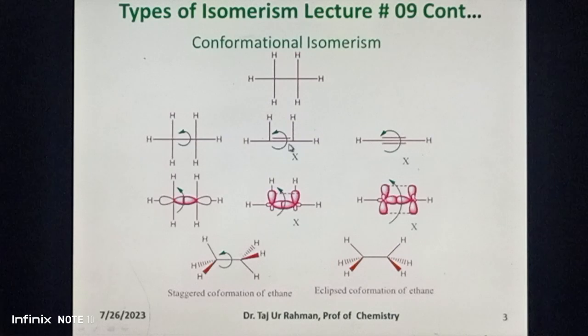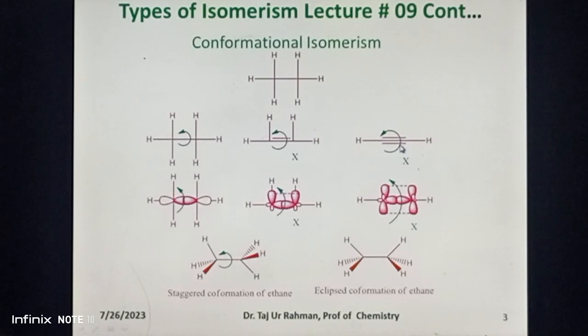Now look at these ethene and ethyne molecules with molecular formulas C2H4 and C2H2. Both the carbon atoms in the ethene molecule are sp2 hybridized, while in ethyne they are sp hybridized.